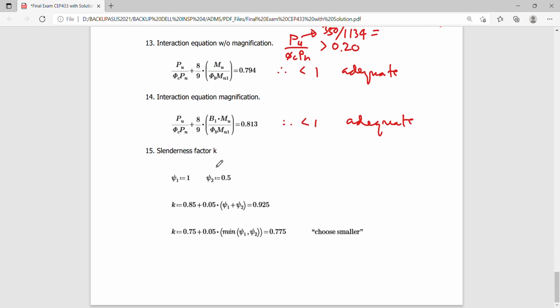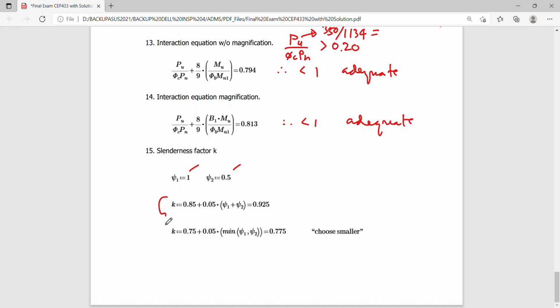For the slenderness factor K, it is no longer included in the complete procedure. So this is an additional question to solve for the slenderness factor K using the Britain equation, if psi 1 is assumed to be 1.0 and psi 2 is assumed to be 0.50.